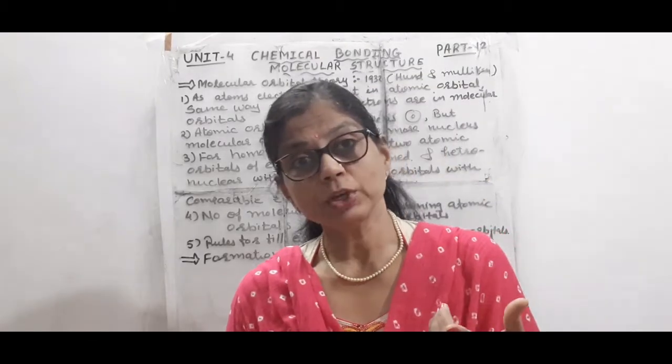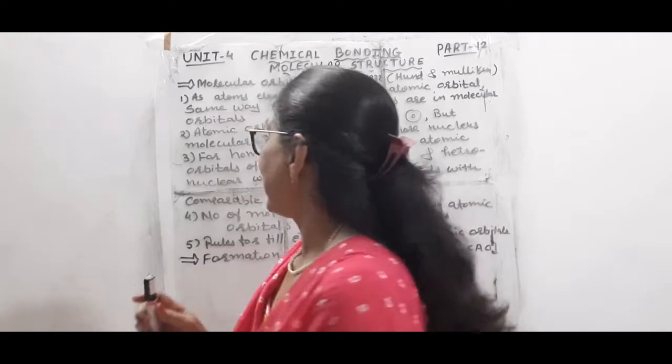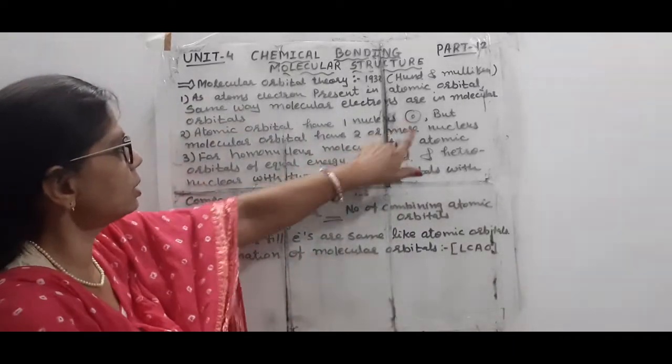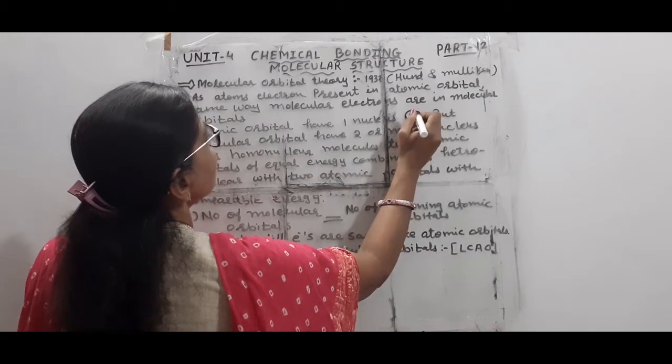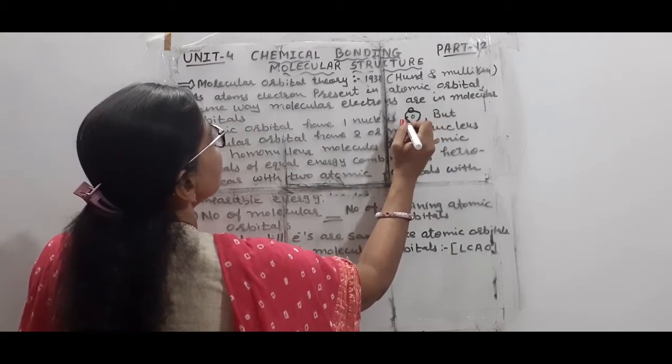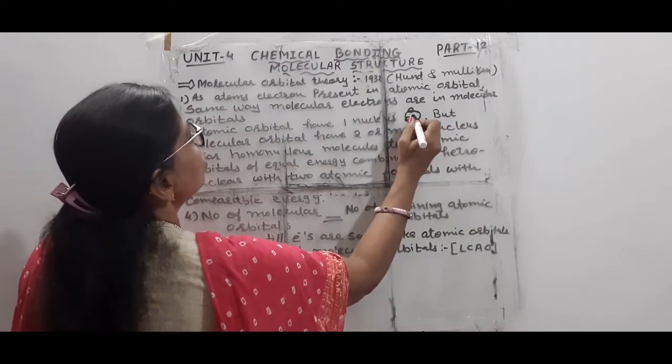But as we know, the atomic orbital has only one nucleus. An atom has only one nucleus, correct students? This is our atom, any electron atom, and this electron is revolving in this orbit, and this is our nucleus.